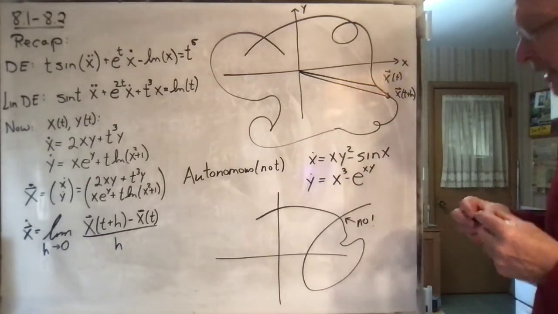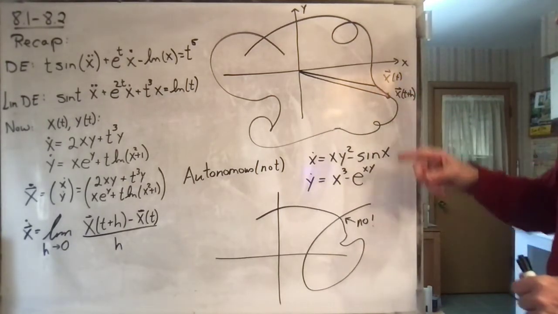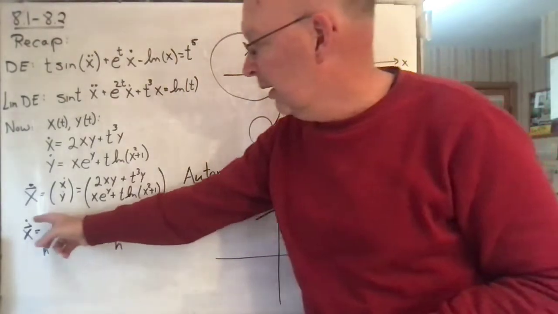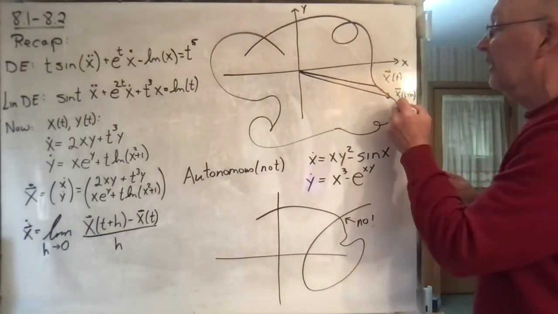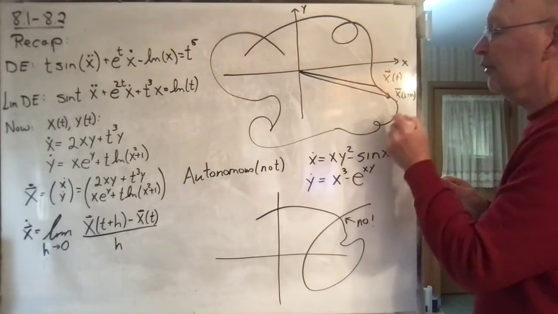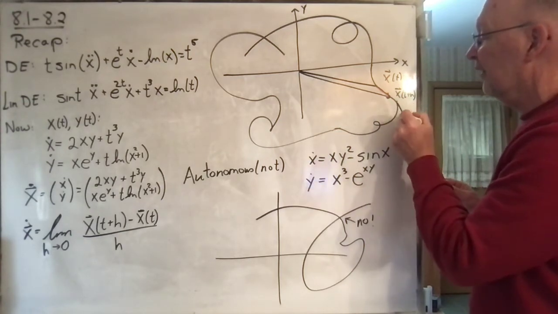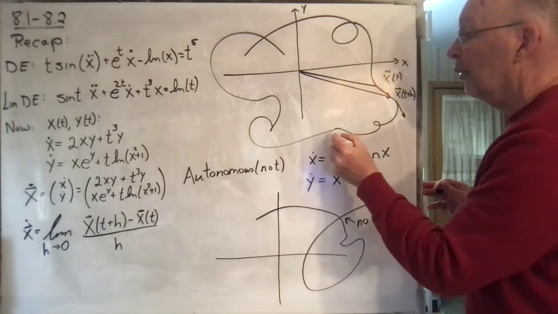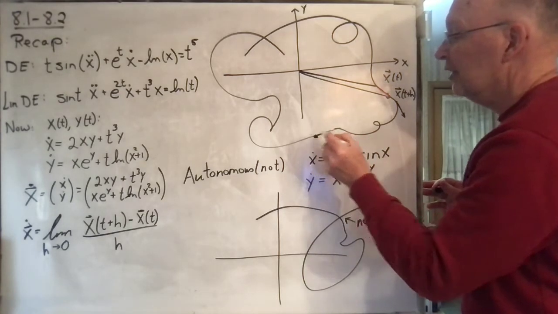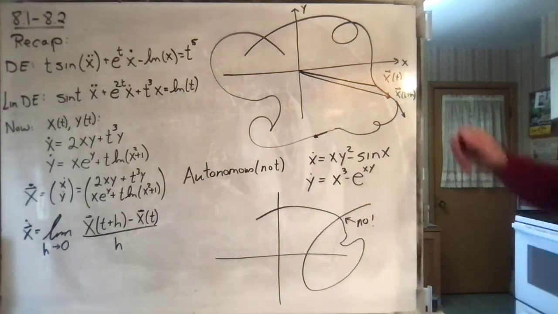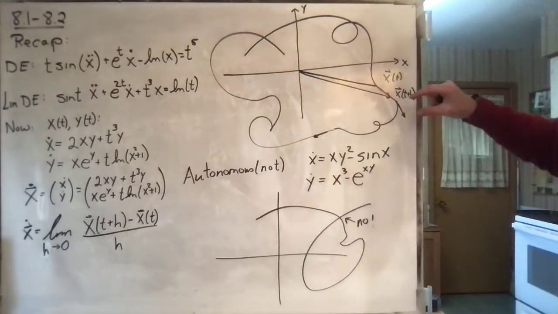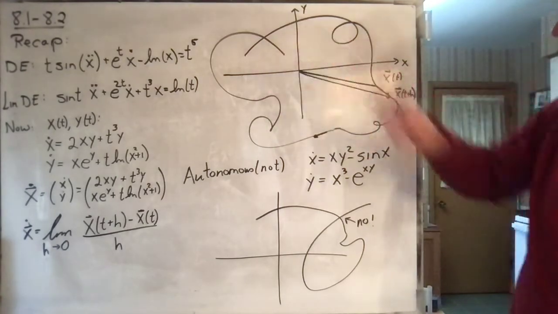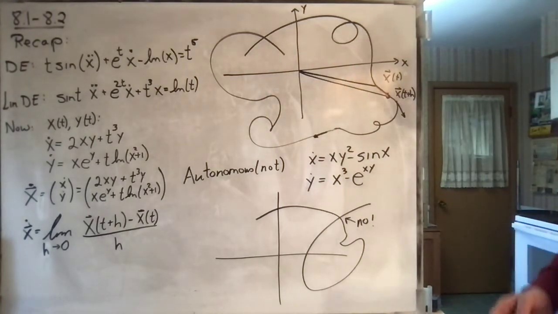And so the moral of the story is that the derivative is always going to give you basically a tangent to the graph at any point. It's basically going to give you the direction in which the thing is going, and then the speed with which it's going, that's basically the size of it. But the direction is going to give you the direction of the graph.